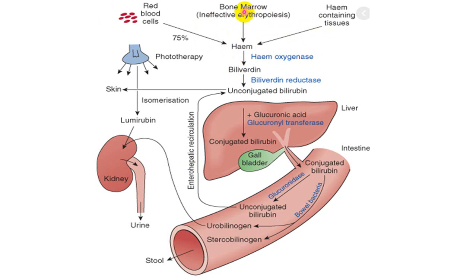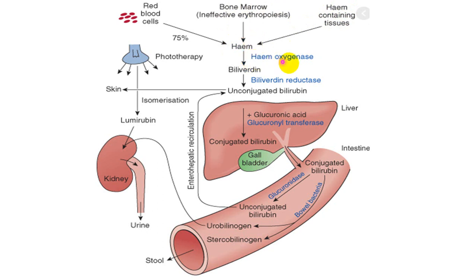So there is the heme. Other part in the body that can result in heme is ineffective erythropoiesis, when there is destruction of RBC within the bone marrow, or by breakdown of heme containing tissue, mainly skeletal muscle, as we say in myoglobin. All will result in the production of heme.